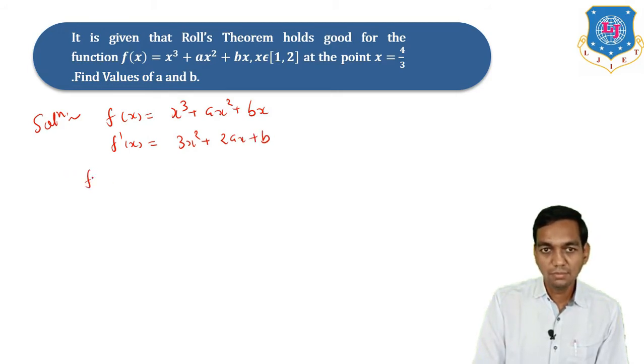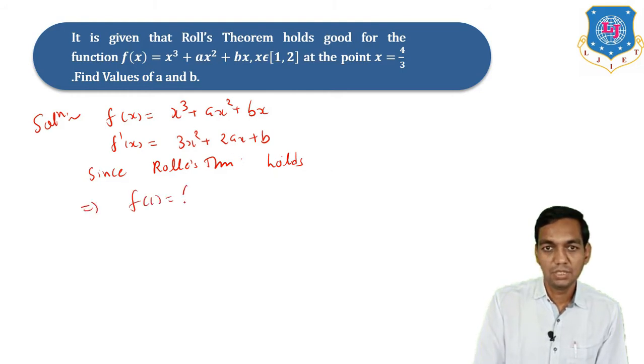Now, since Rolle's theorem is verified, or we can write, it holds, Rolle's theorem holds, and that implies we have f(1) is equal to f(2), correct?